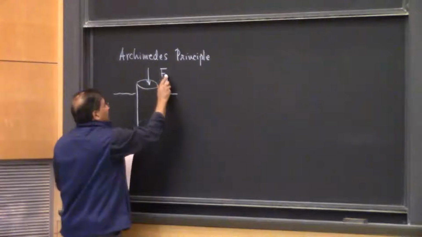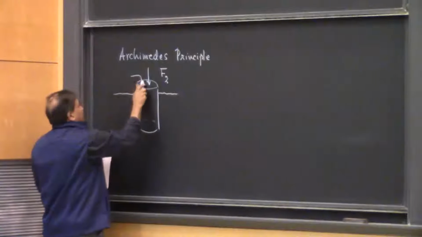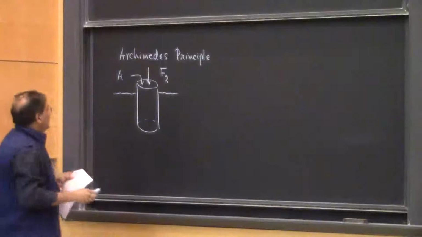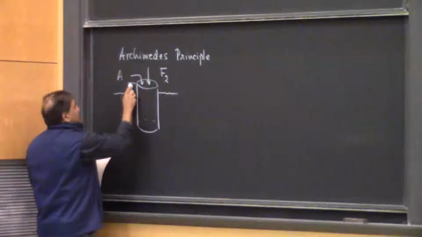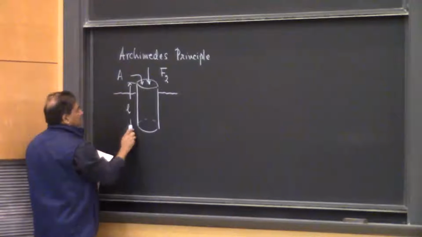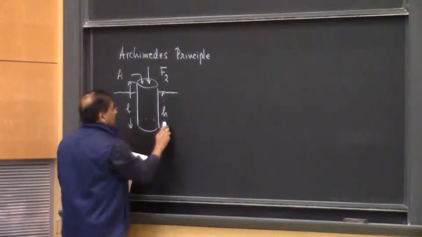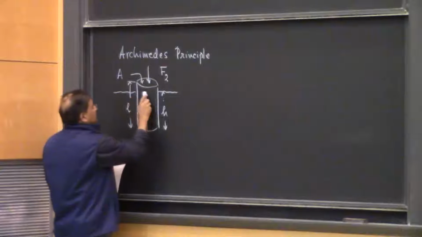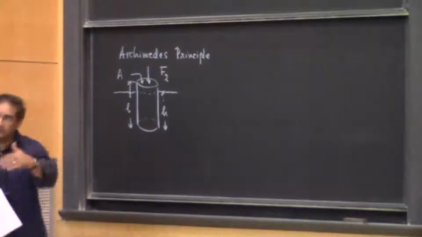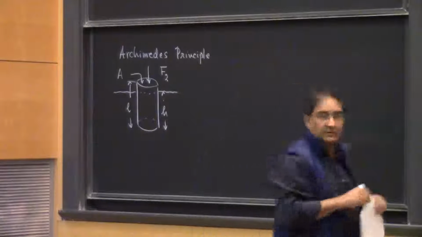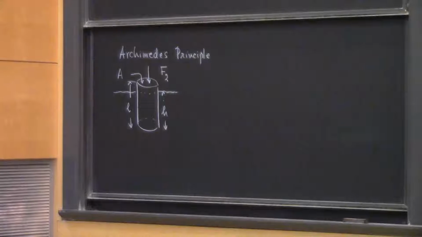We call it F2. And this cross-section area here, let's say, is A. And let's say the length of this cylinder, in this case, is L. And this height, the height by which the amount of the cylinder that's under the liquid, let's say, is denoted by the amount h, the linear.